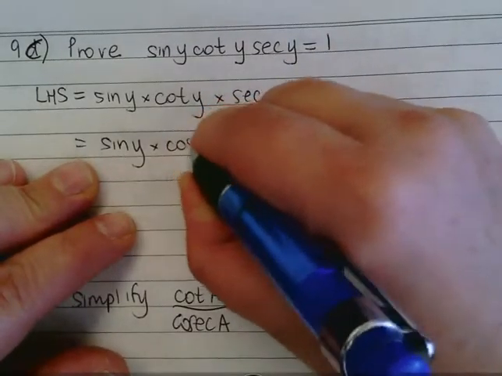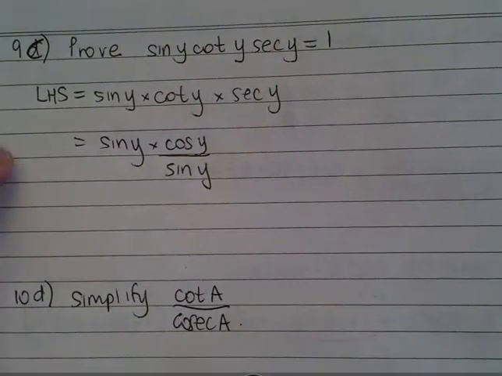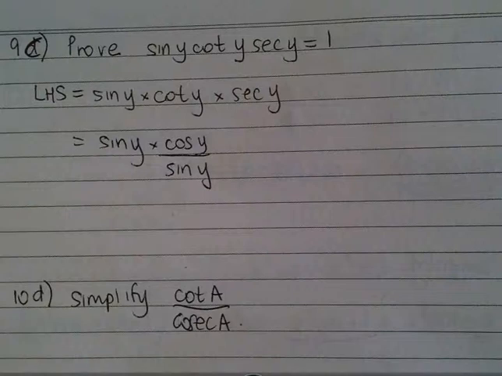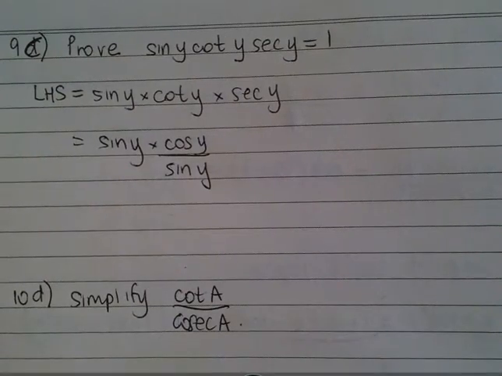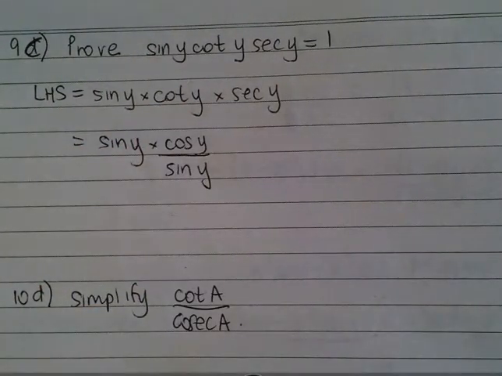You know why we're doing that? Was that a good idea? What's already going to happen? Whereas the tan's not going to cancel with anything. So you've got two options for cot. 1 on tan, which you'll only use if there's another tan somewhere that it can cancel with, or cos on sine. Remember, tan is sine on cos, so cot is sine on cos on sine.